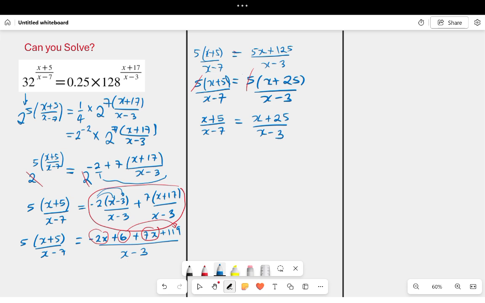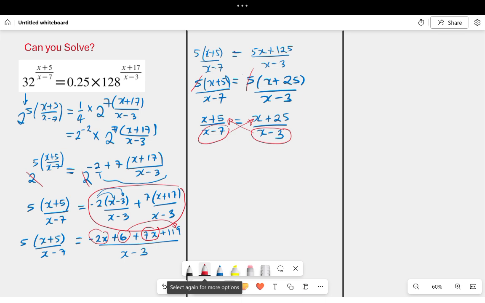Now, whenever I have two fractions equated to each other, I usually do what we call cross multiplication. I prefer cross multiplication. So the denominator here you multiply by the numerator after the equal sign, and then the denominator over there you multiply with the numerator over here.